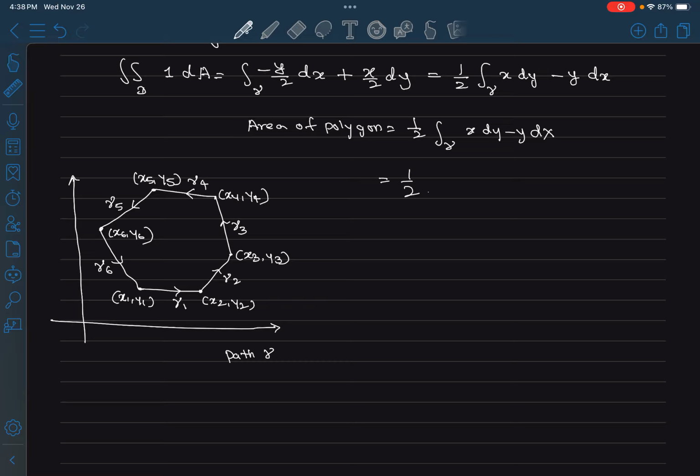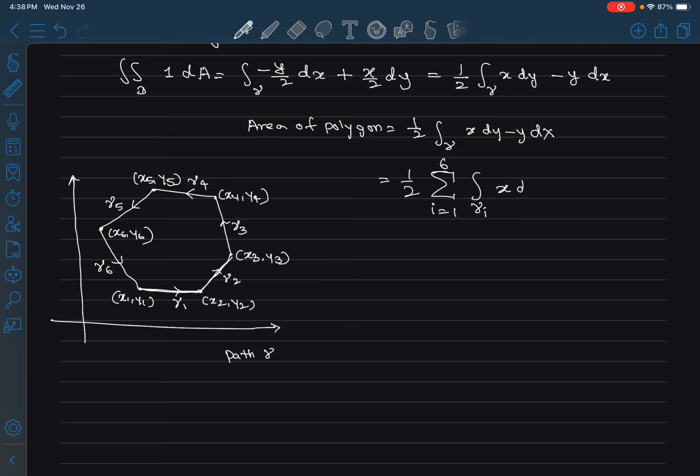I can write this as a sum from i equals 1 to 6. There are 6 such paths, and we can sum over all the paths. That's a rule you can check in the calculus textbook: if the paths add up, the path integrals add up to the total path integral.